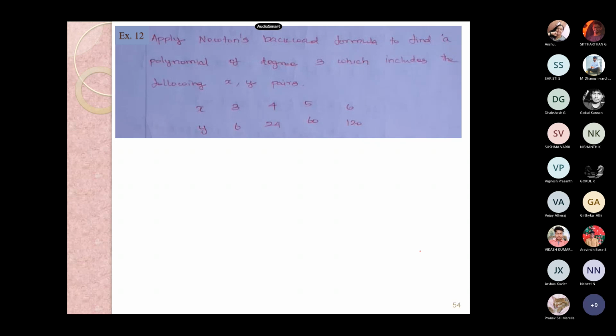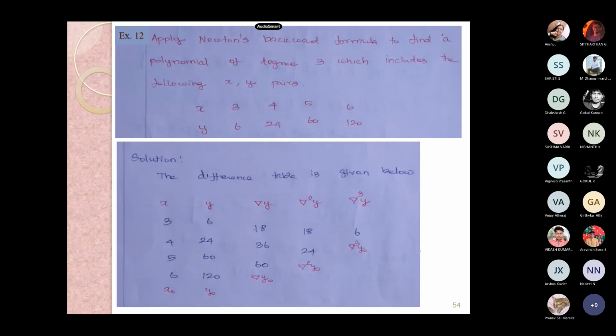You try to calculate the 3-degree polynomial. When x is equal to 3, y is 6, and it continues till x is equal to 6 and y is 120. And this is the difference table.